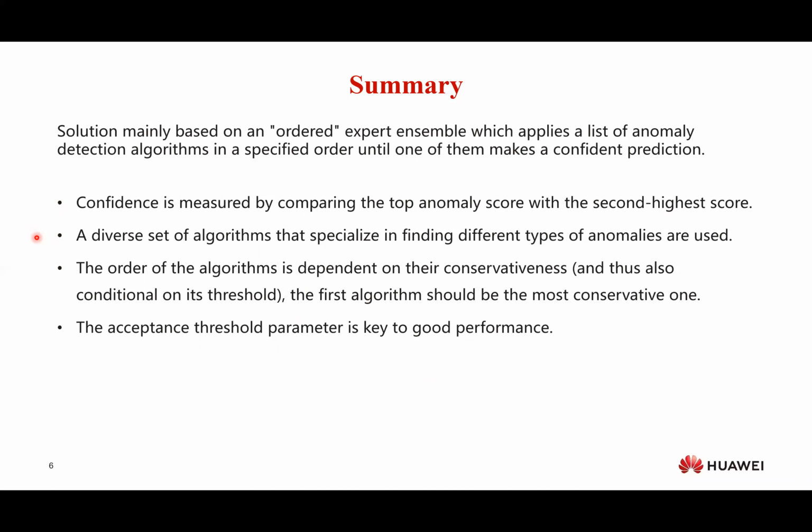We use a diverse set of algorithms that specialize in finding different types of anomalies. And the order of the algorithms is dependent on their conservativeness and thus also conditional on this threshold. And the idea here is that the first algorithms should make the most conservative predictions. And the acceptance threshold parameter is key to a good performance here.